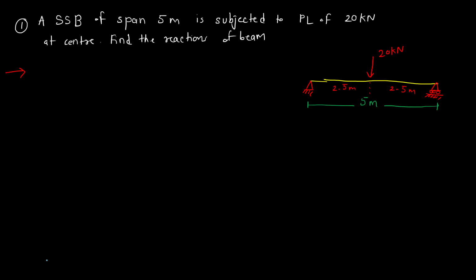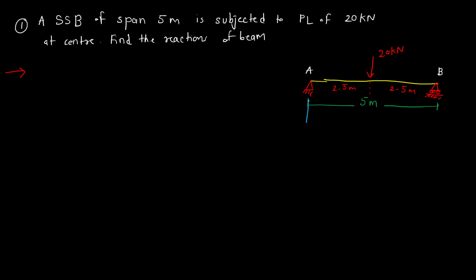So now first we'll draw the reaction diagram. Up to now we were drawing in a separate diagram, but from now onwards I will be drawing it here only. So this is point A and this is point B. At point A, the type of support present is hinge support.